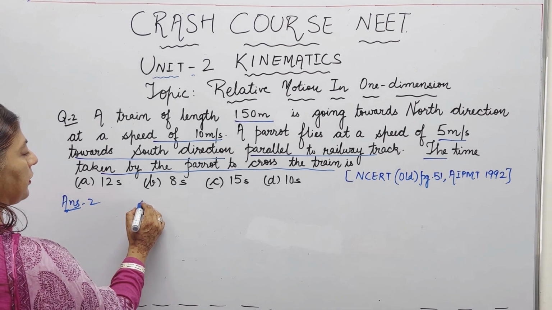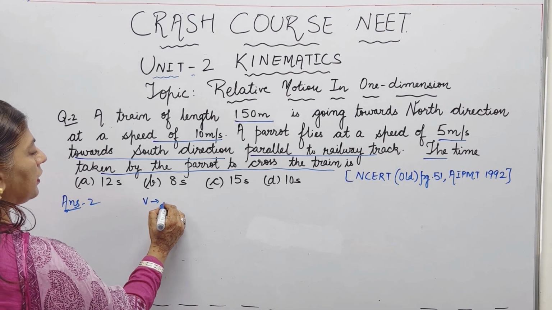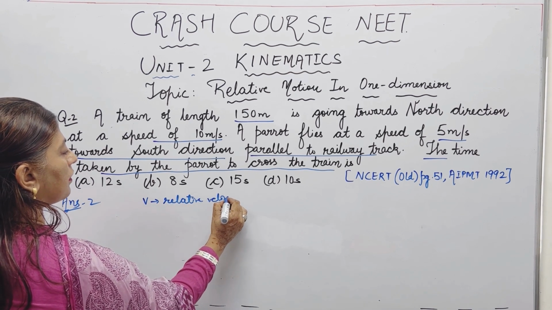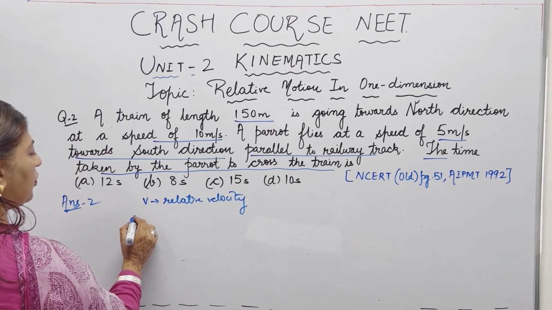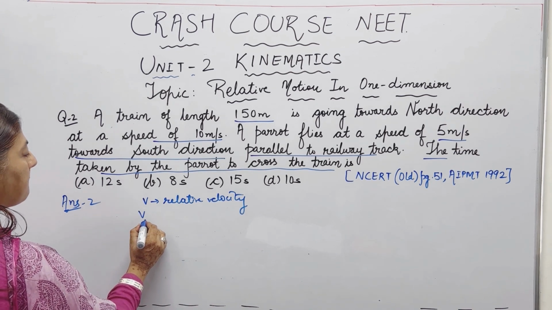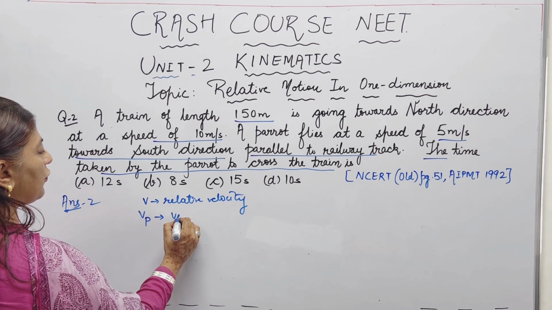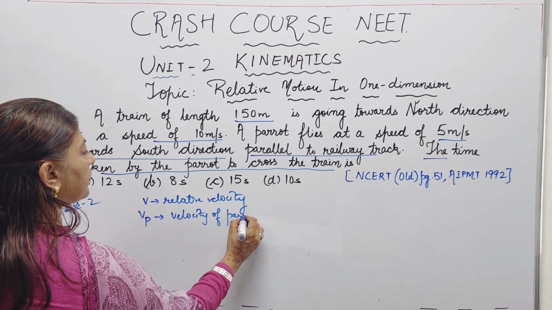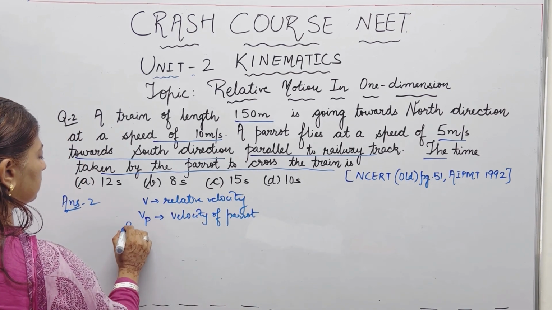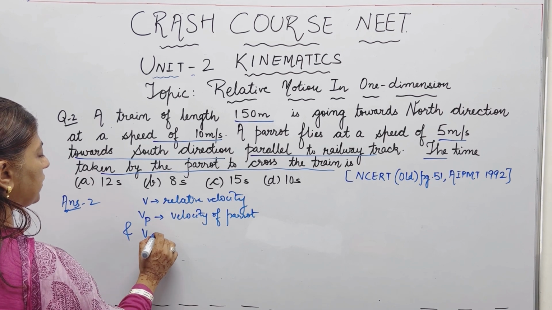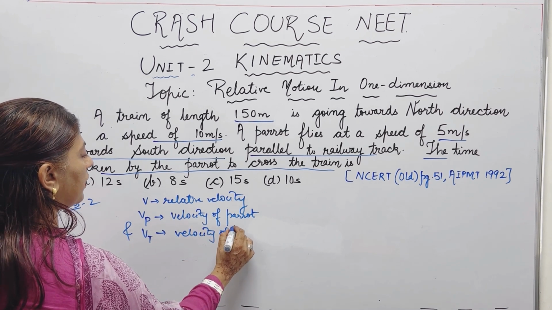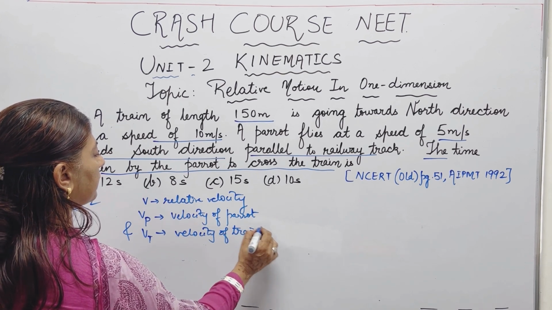The formula that we will take: v is the relative velocity, Vp is the velocity of the parrot, and Vt is the velocity of the train.